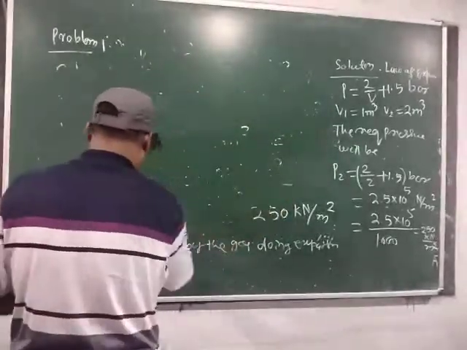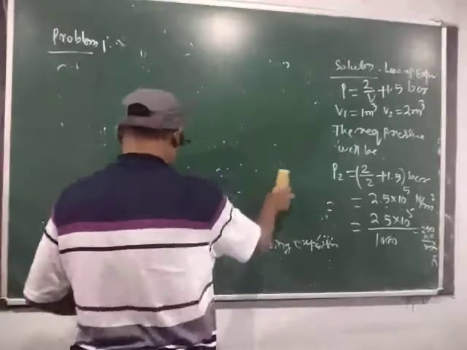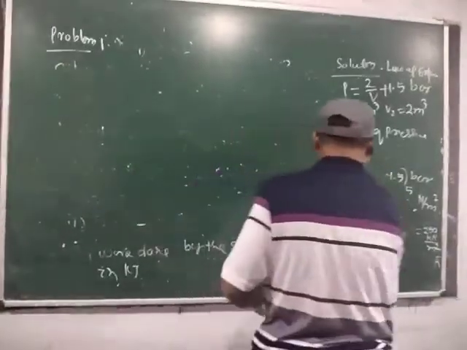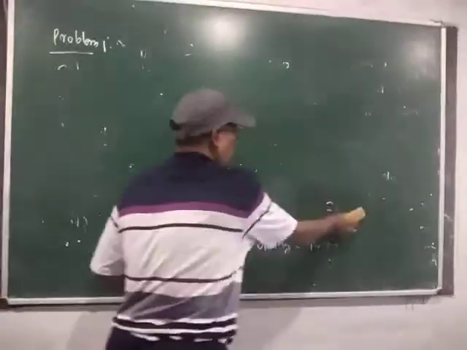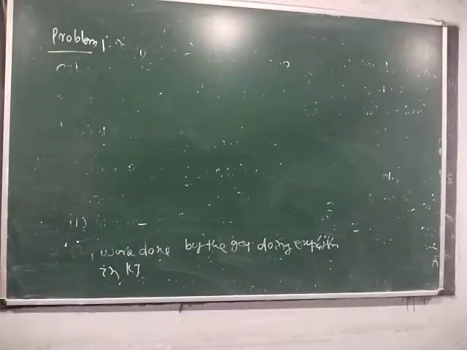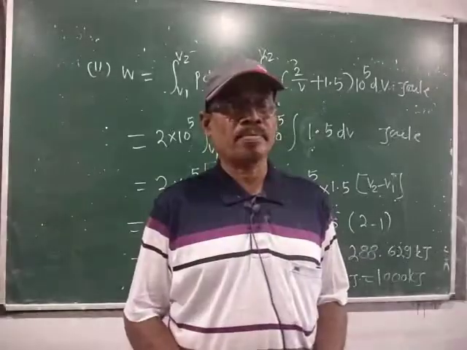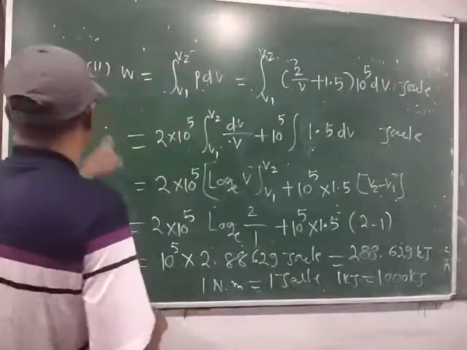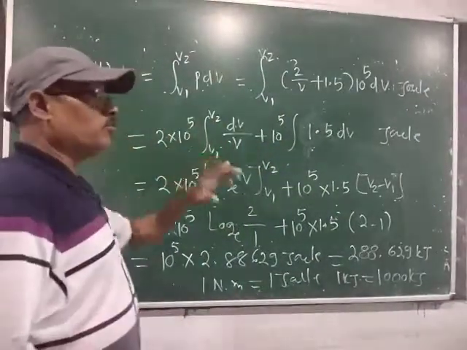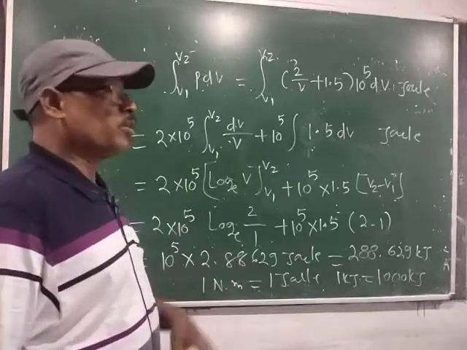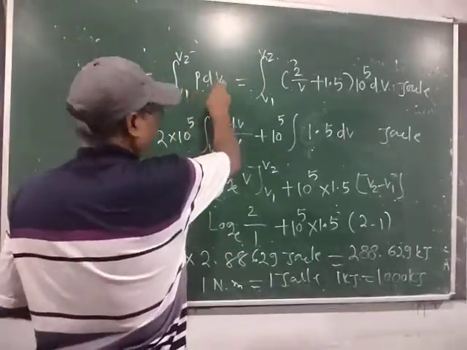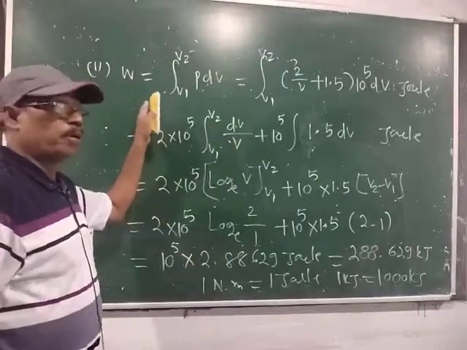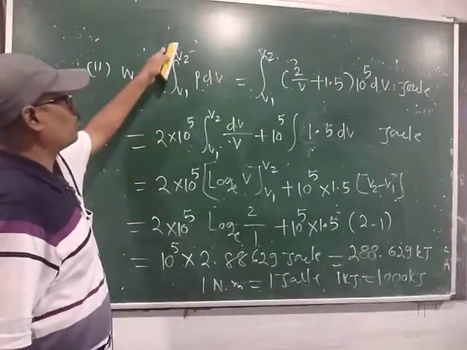Next question, find out the work done by the gas during expansion in kilojoule. Part 2, find out the work done. We know that work done is equal to the integral of P dV within the limit V1 to V2.